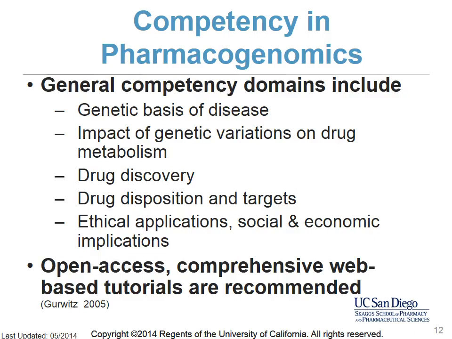Experts recommend that training in pharmacogenomics include the genetic basis of disease, the impact of genetic alleles on drug metabolism, drug discovery, drug disposition and targets, and ethical applications, including social and economic implications. And experts also recommend for the availability of open access, comprehensive web-based tutorials and educational materials to be available to all.